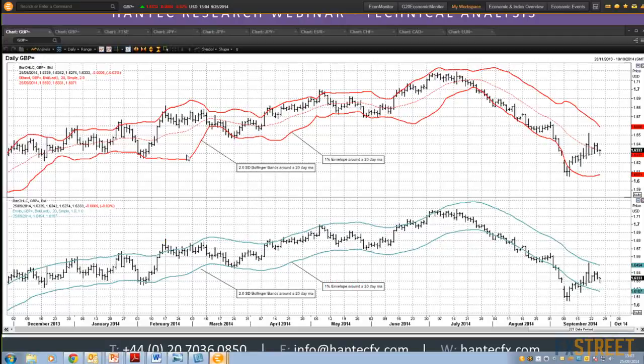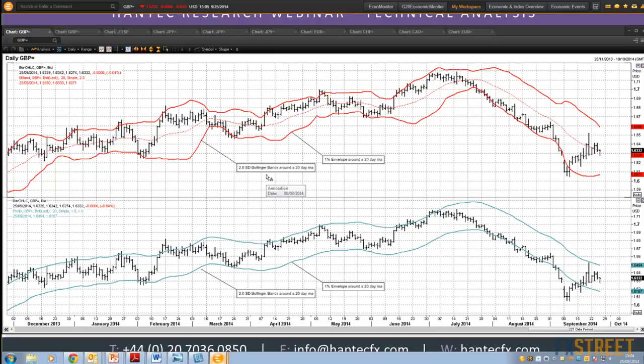Well, 20 is what the chap who came up with it, John Bollinger, used. He did a study, and that was the moving average that he found worked best. You can see here that this is the 20-period moving average, and these are the Bollinger Bands, 2 standard deviations around the 20-day moving average.